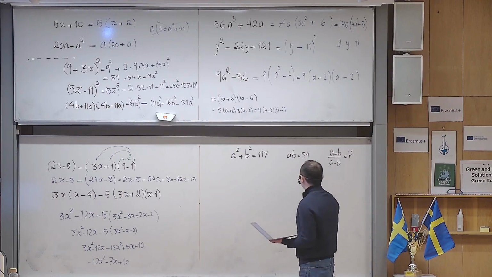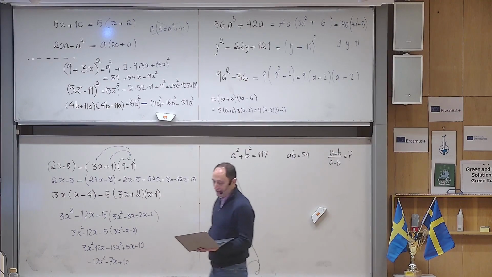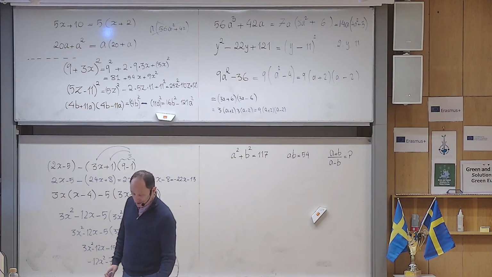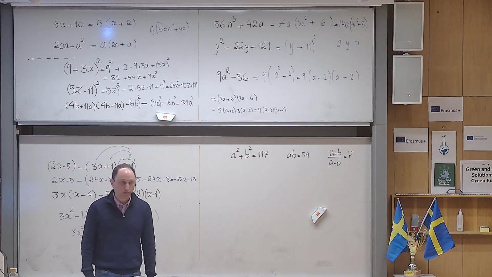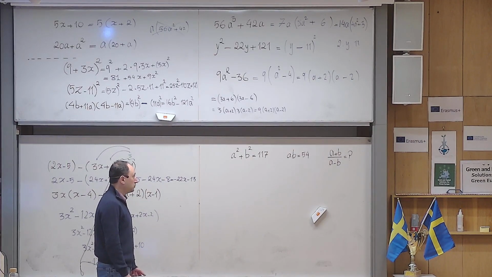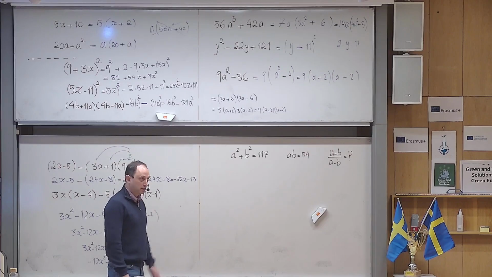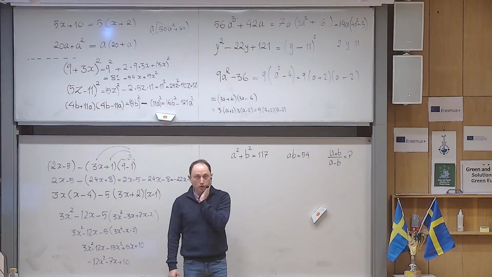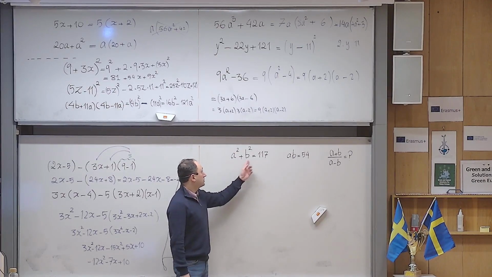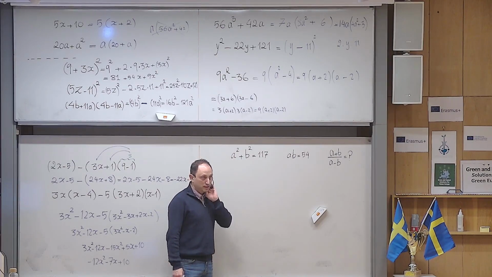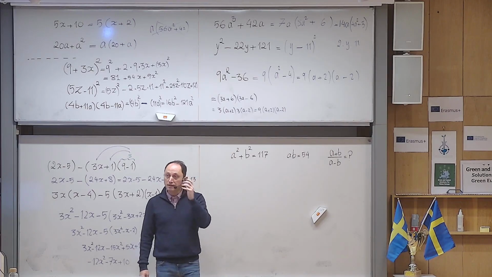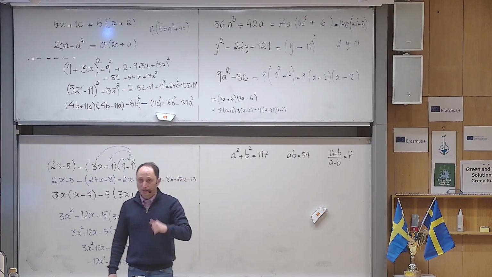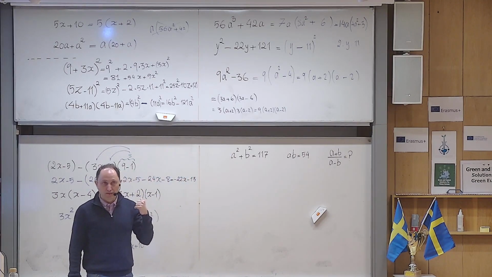Usually, they might be careless and design these numbers so that you can somehow guess them. I don't know what your method was, but I don't want you to rely on guessing, because guessing two numbers whose product is 54 and the sum of the squares is 117 is not that easy. Even if it is easy, that is because they designed the question in a bad way.